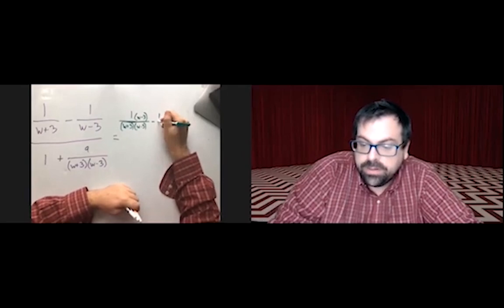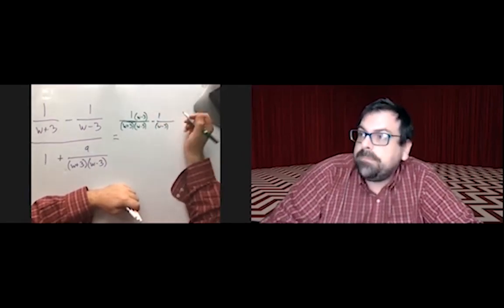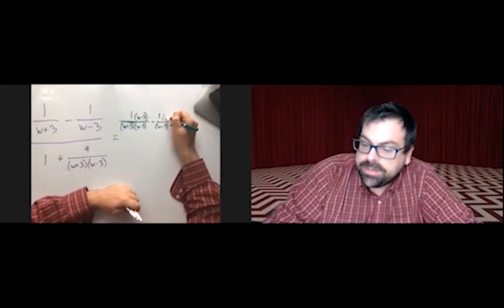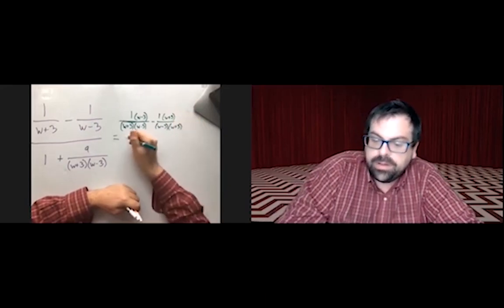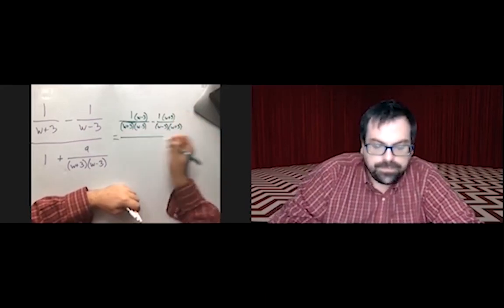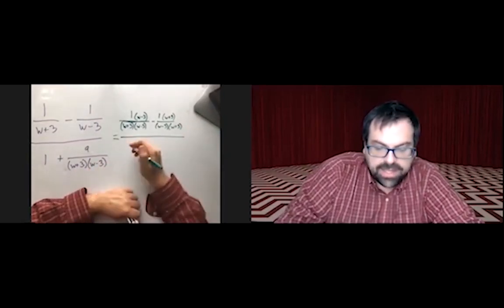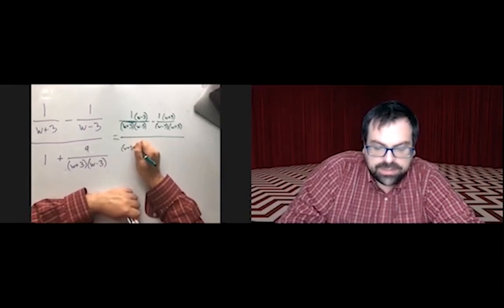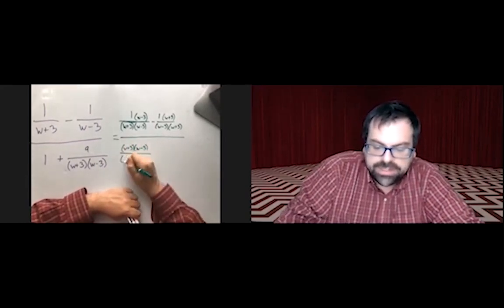Minus 1. We have the w minus 3 on the bottom. We need a w plus 3 over itself. And then here, 1, let's just make that w plus 3 times w minus 3 over itself.